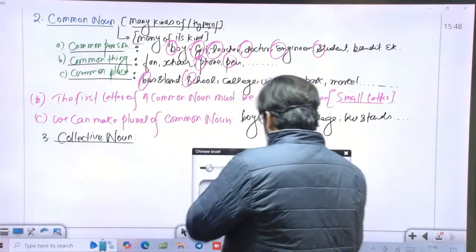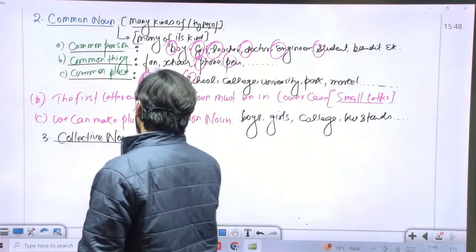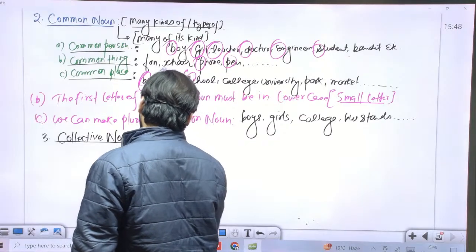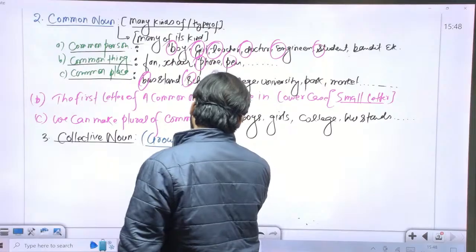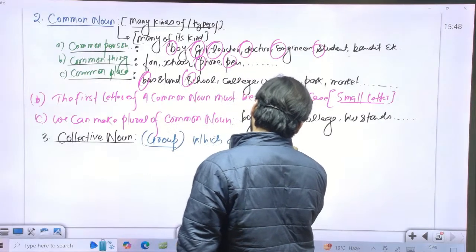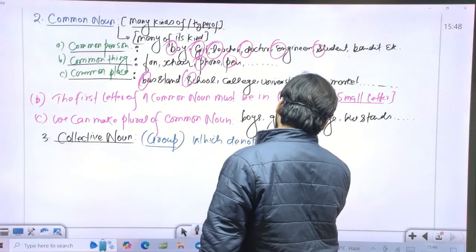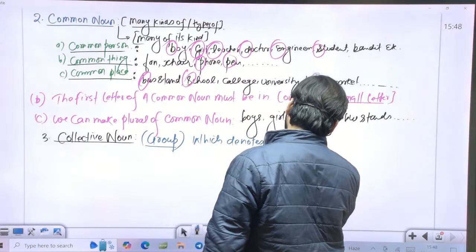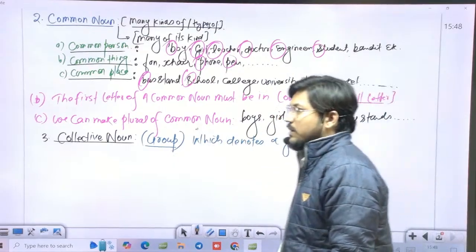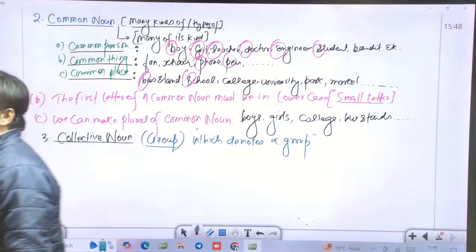Collective noun are those nouns which are in groups or in group. They denote group. Like we can say which denotes any group. A group is known as what? Collective noun. Which denotes a group is known as collective noun.